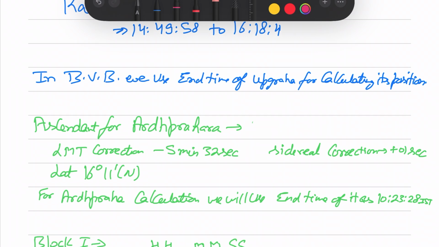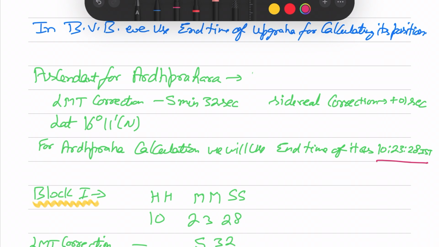So the Ardhaprahara end time is this, and the rest of the things, like the place of birth, year and day of birth, remain the birth details of the native. So here we'll take it for Sri K.N. Rao sir. Our time is 10:23:28.